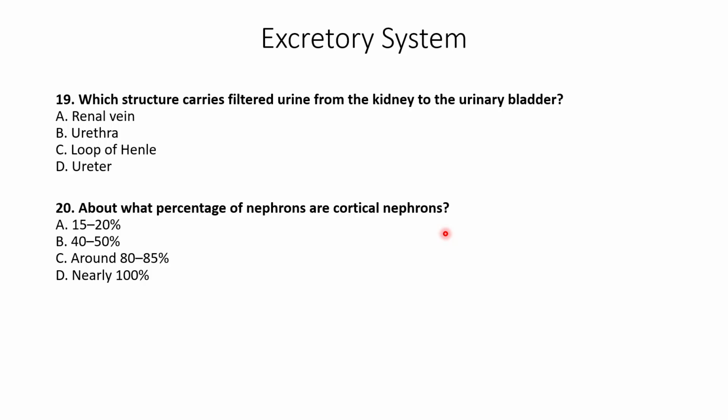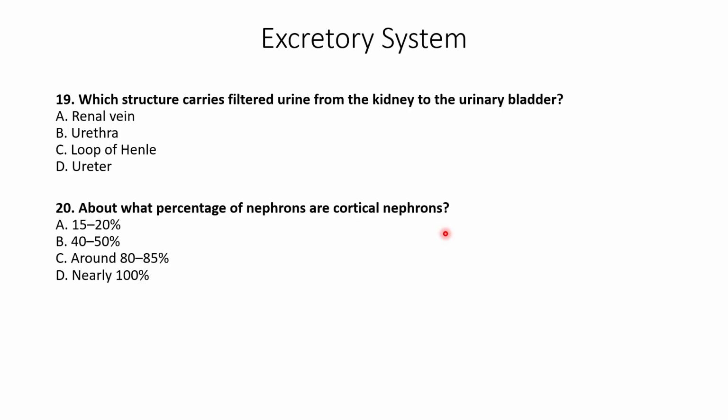You can have cortical nephrons and medullary or juxtamedullary nephrons. The difference between them is, of course, their location. Then they have different loop of Henle length, and their blood supply and the role that they play in final production of urine is different.